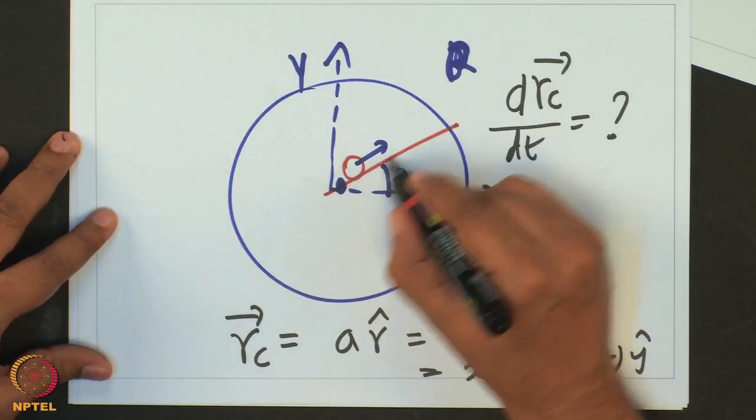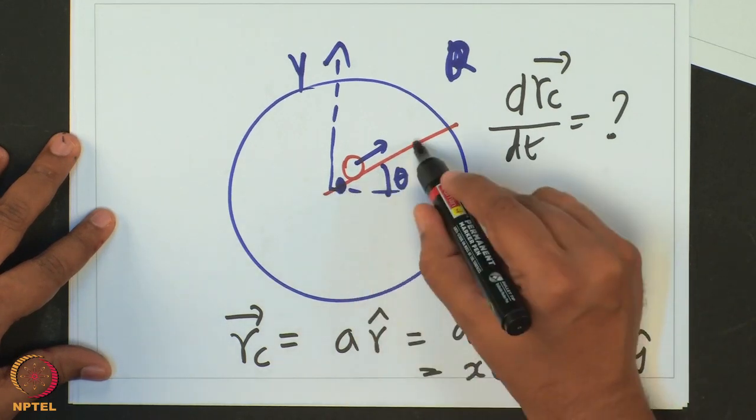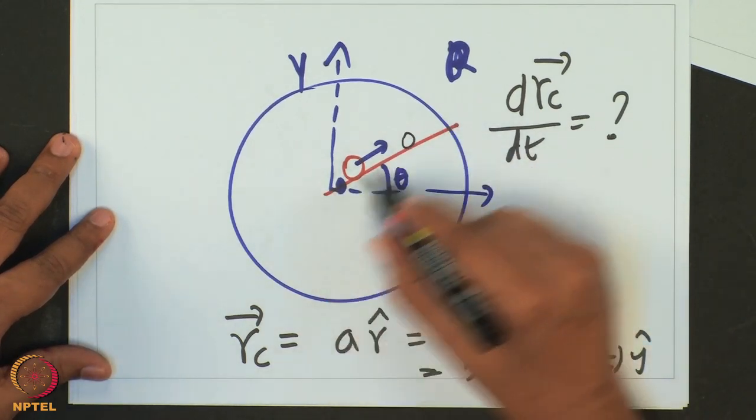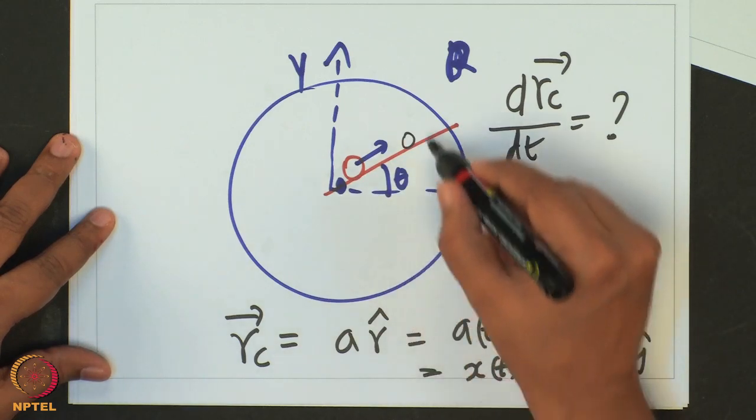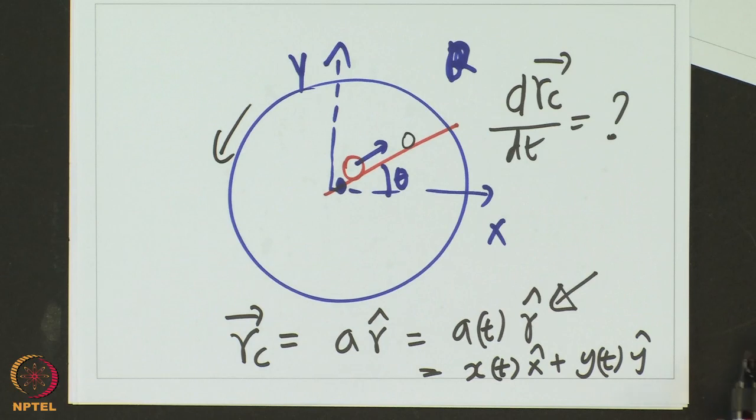Just like if I am moving along a microtubule track, I have to specify only one coordinate: how far it is from the center. That's all I have to specify. Similarly, if something is moving along the periphery, I have to only specify the angle.